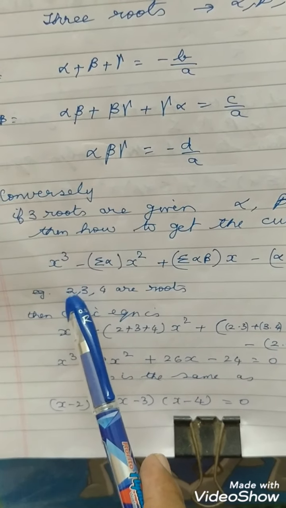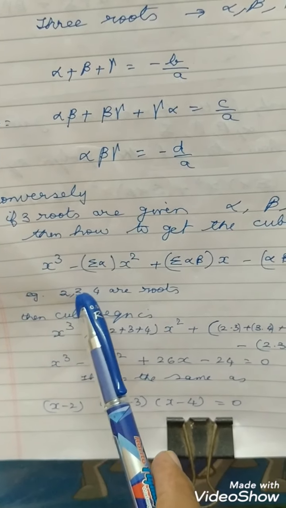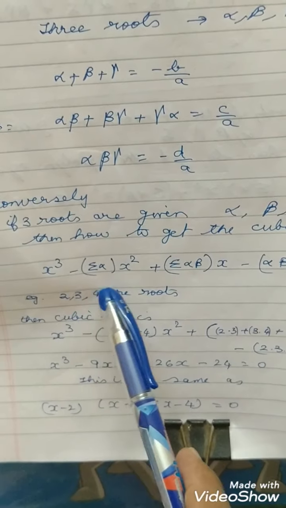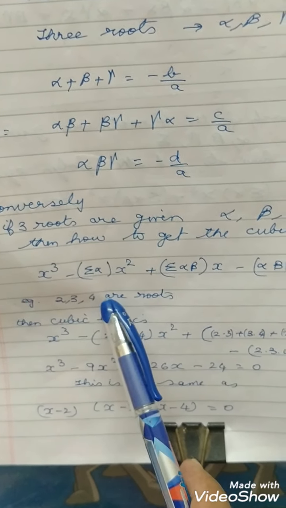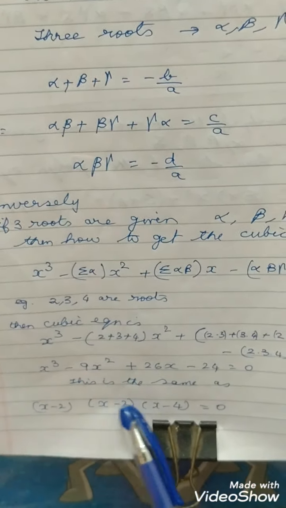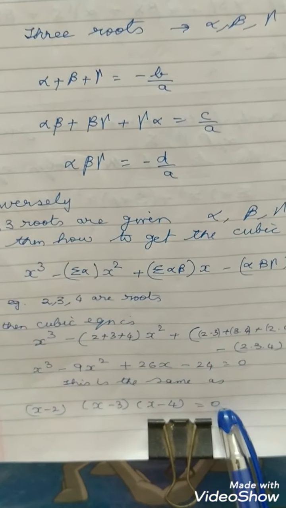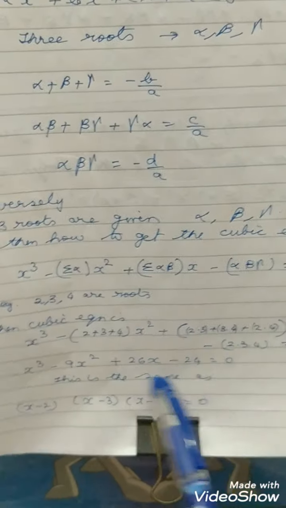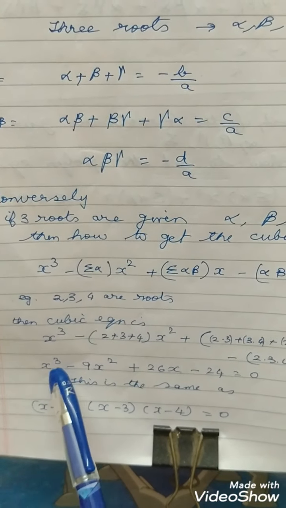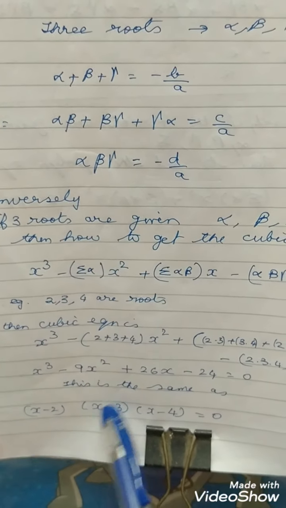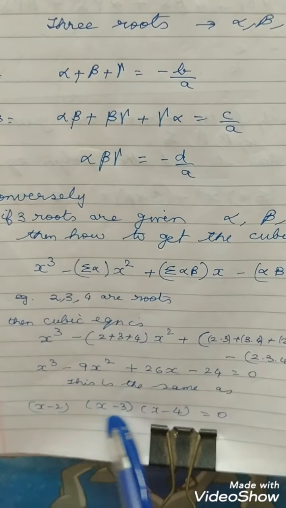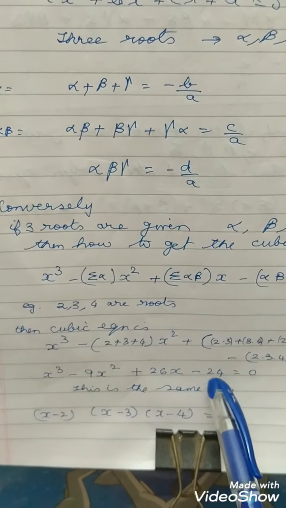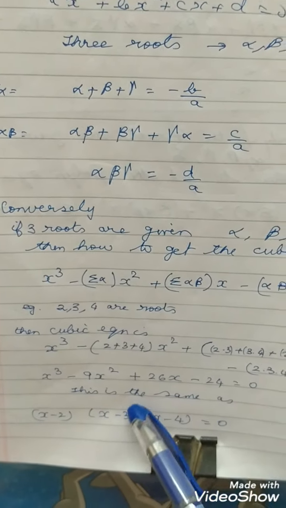So what will be the factors? x minus 2 is one factor, x minus 3 is another factor, and x minus 4 is another factor. If you multiply all these three factors and set it equal to 0, and solve it, you'll find that both cubic equations will be the same. This is another way of doing it.